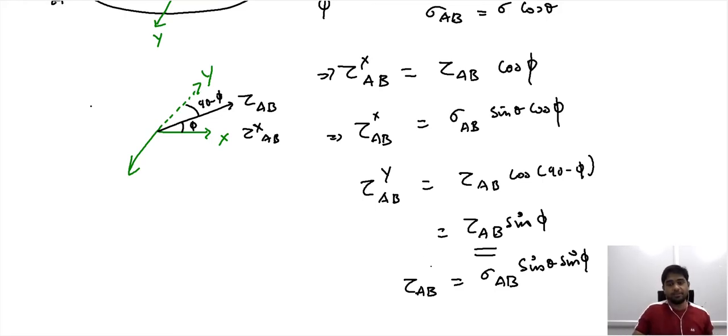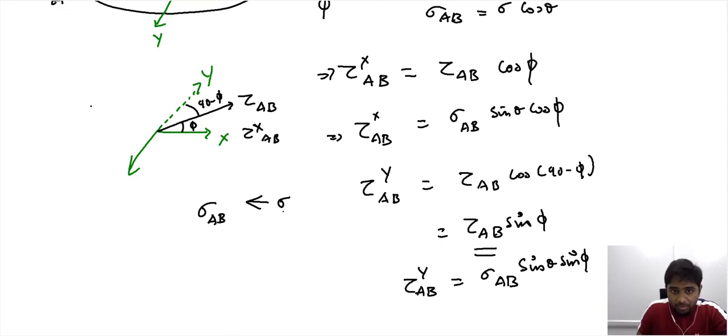To sum it all up, we have considered a pseudo two-dimensional case. It helps us understand that the stress experienced by an inclined plane is different from, and is a portion of, the stress experienced by a plane perpendicular to the loading direction.